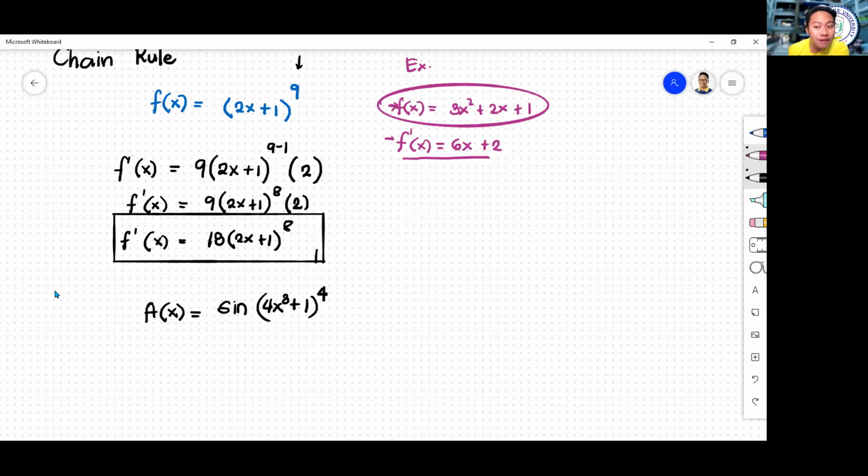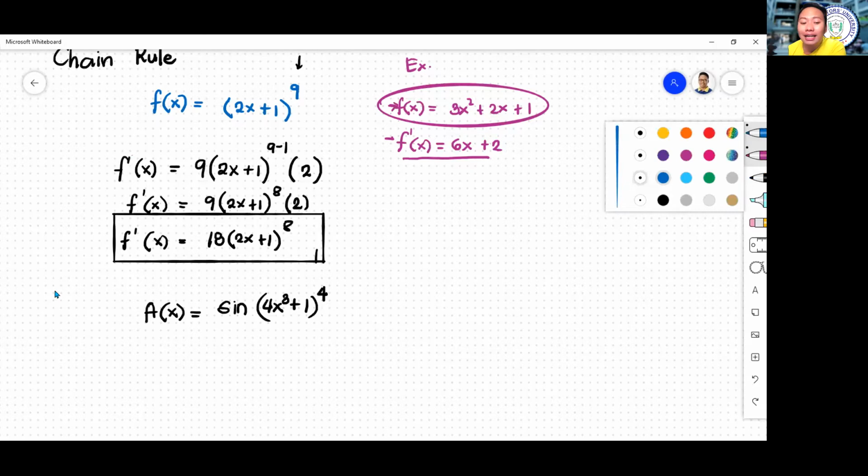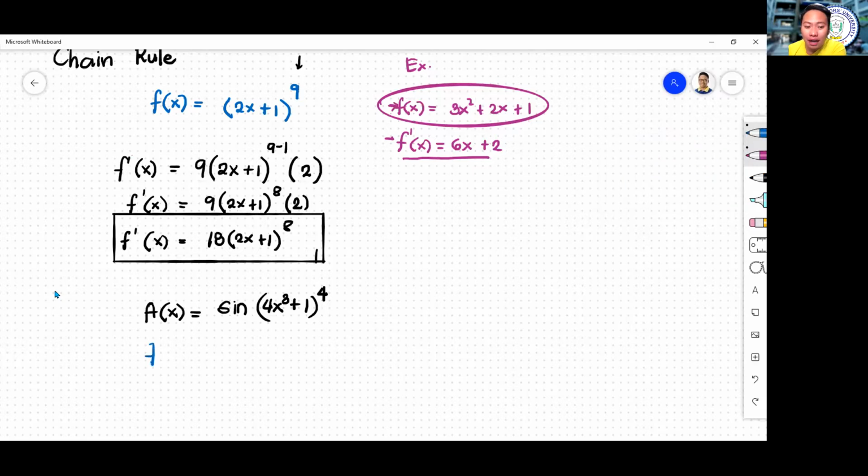First thing first, guys, you take the derivative of the whole thing. So what is the derivative of sine 4x cubed plus 1 raised to the power of 4? The derivative of that whole thing is cosine.